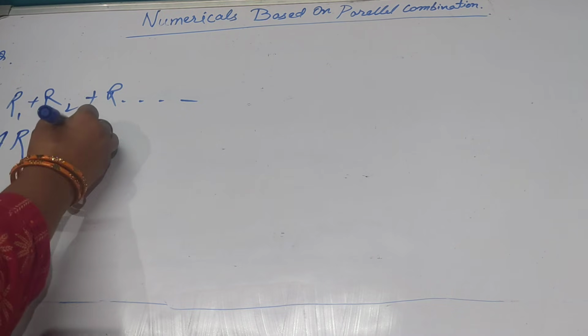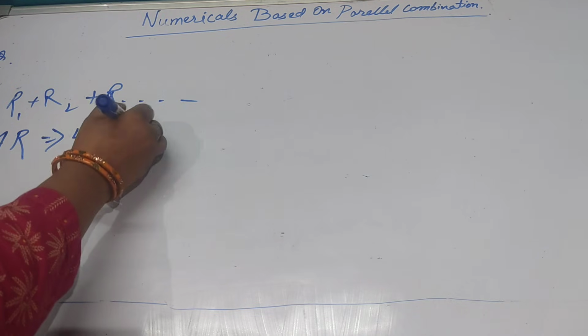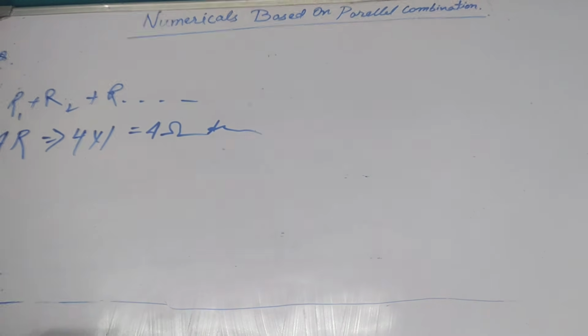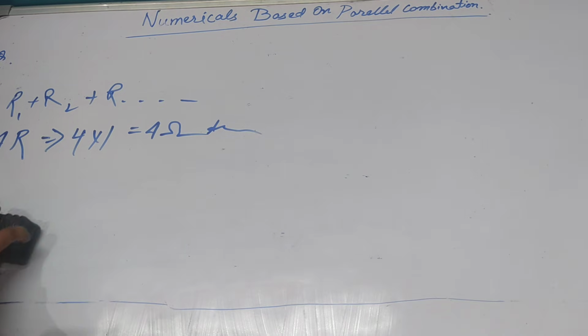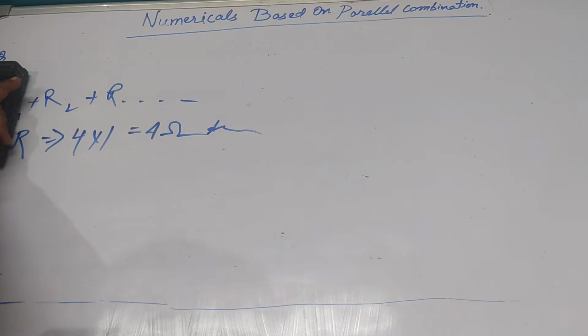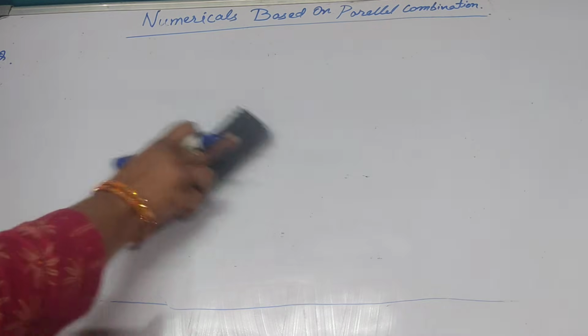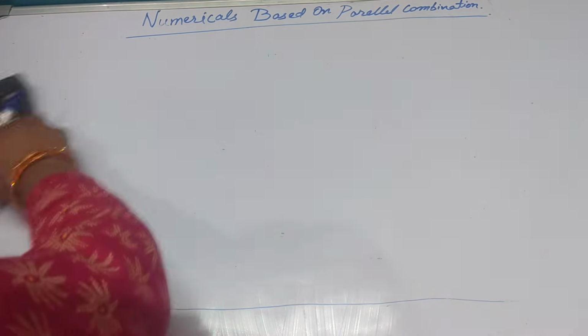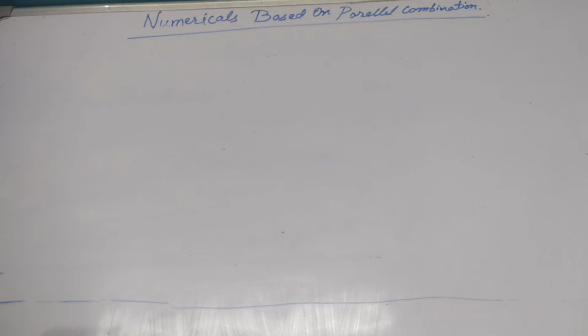Again we'll put the value, 4 into 1. This question was simple. We have to put eyes on questions so that we will not miss a single point. We'll go with the next question.